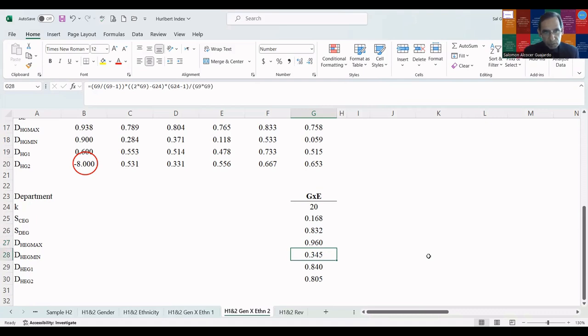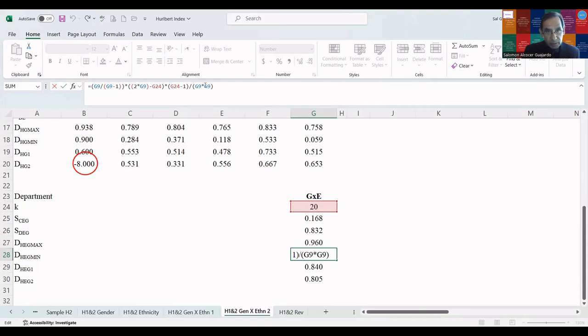Again, to obtain the minimum score, it's going to be the total number of individuals in an organization divided by the number of individuals in the organization minus 1. I'm going to times that by the product of 2 times the total number of individuals in an organization, which is 100, minus the number of groups, or K. In this case, it's going to be G24 equals 20 times G24 minus 1, which is 20 minus 1.